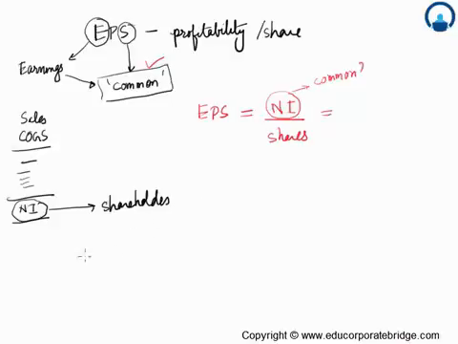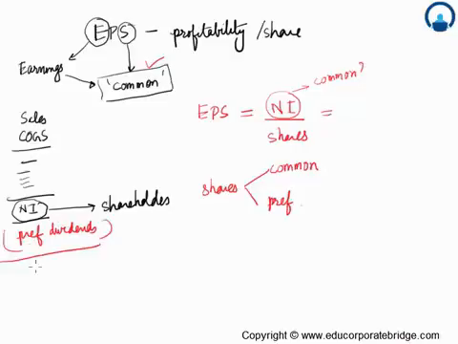If there is a shareholding pattern where shares are of two kinds, common shares and preferred shares, then out of this net income you need to deduct the preferred dividends first before it actually accrues to the common shareholders.